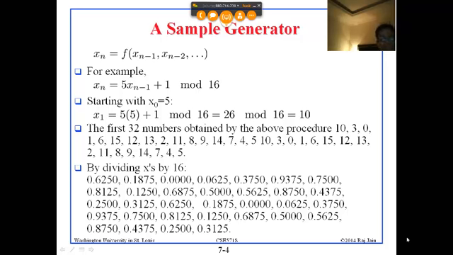And then there are rules as to how you select the multiplier 5 and the added 1. We teach this in great detail in my other course, the performance analysis course, where you need random numbers for simulation. And this kind of generator is good for simulation.